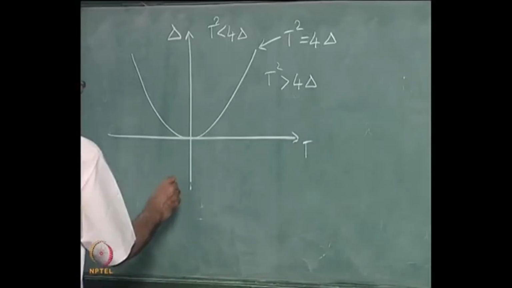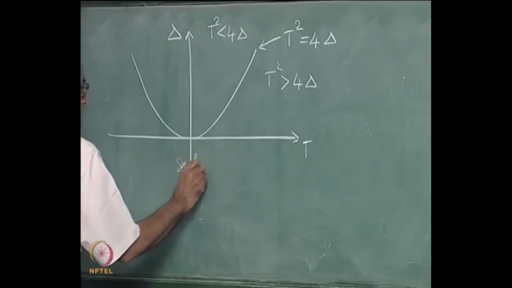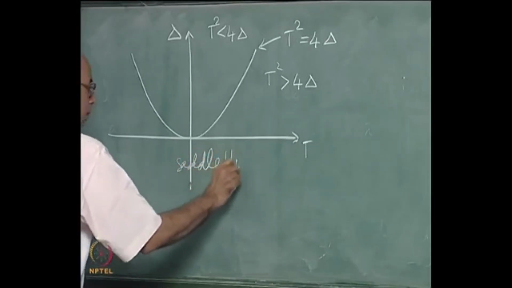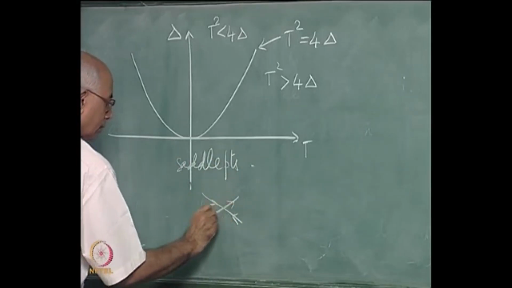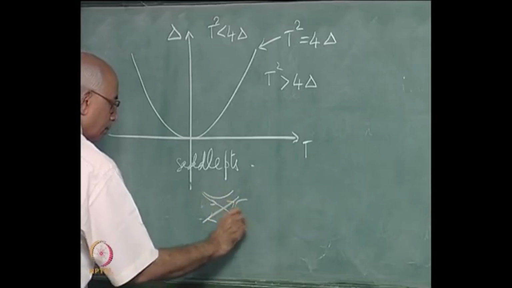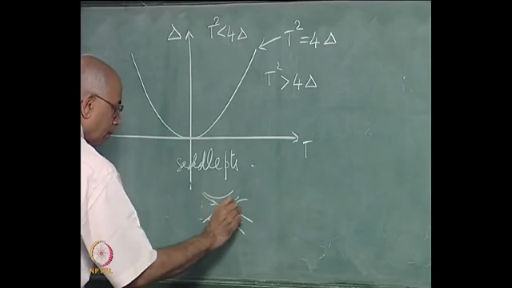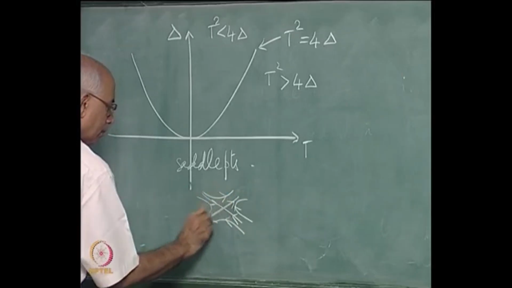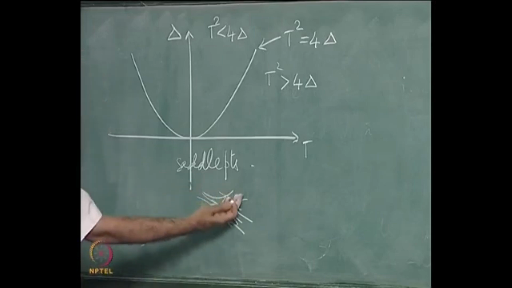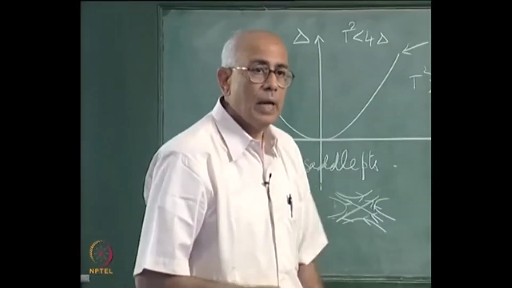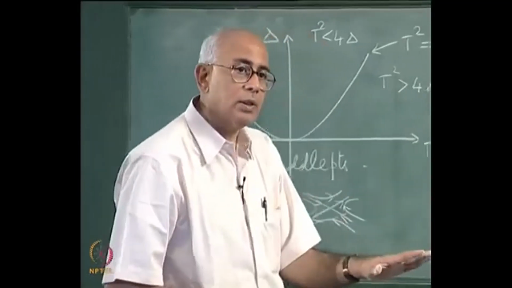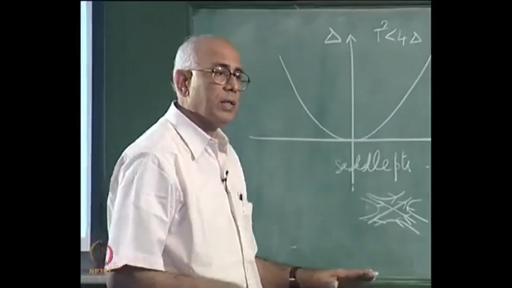So this whole place is saddle points, and the flow looks like this. Whether you are on this side of the graph or on this side does not matter, you just have saddle points and the whole thing is unstable. Everywhere in parameter space in this region you are guaranteed to have unstable saddle points.